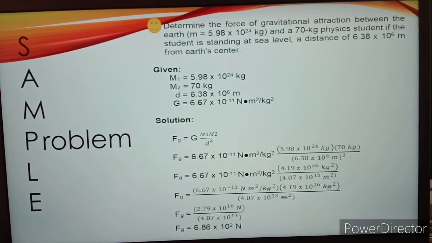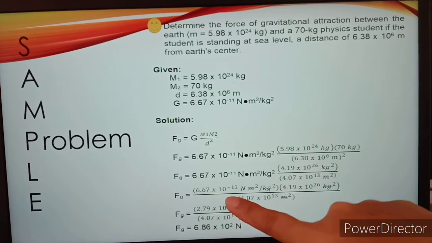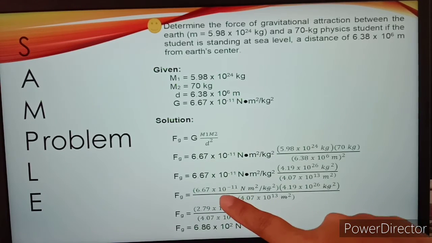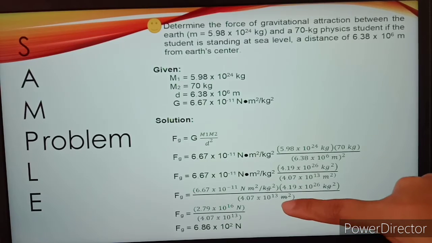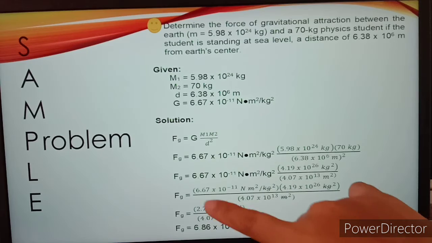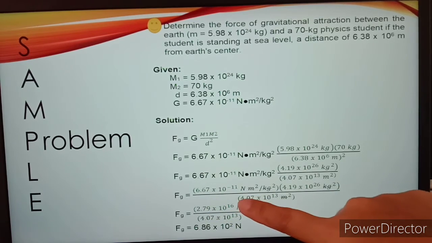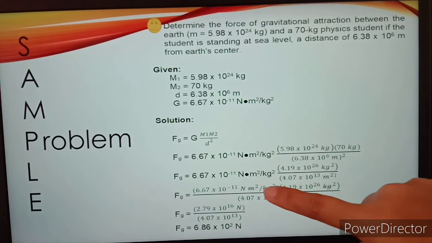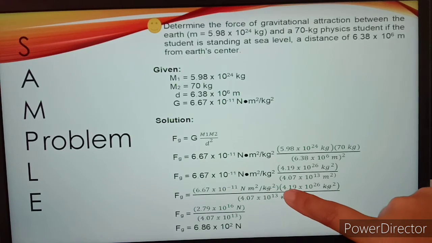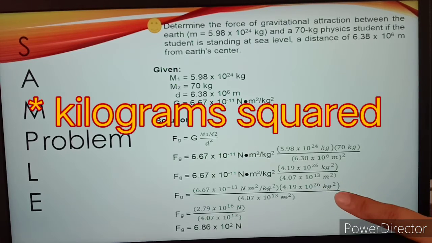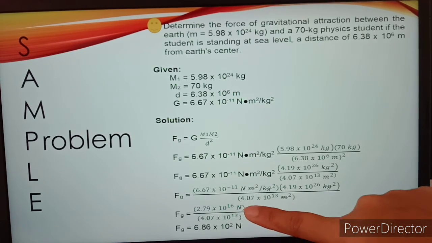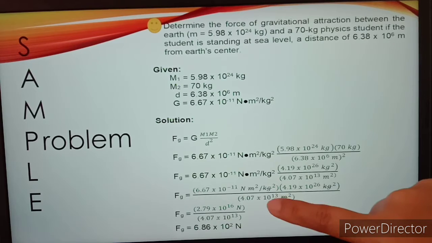Next, we multiply the value of the universal gravitational constant to the value in the numerator and then divide by the value of the denominator. So we have 6.67 times 10 raised to negative 11 Newton meter squared per kilogram squared, times 4.19 times 10 raised to 26 kilograms squared, divided by 4.07 times 10 raised to 13.